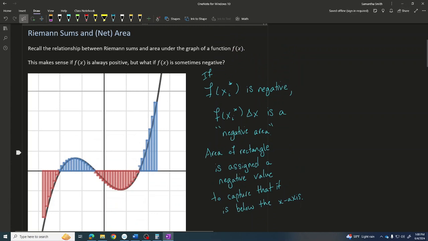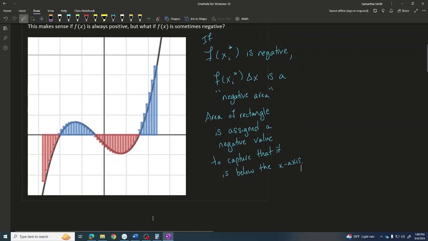Now, if you have some negative areas that are below the x-axis, and you have some positive areas that are above the x-axis, then when you do the summation in the Riemann sum, to add all of these negative and positive areas together, some of them will cancel out. The negative areas will cancel out portions of the positive areas.